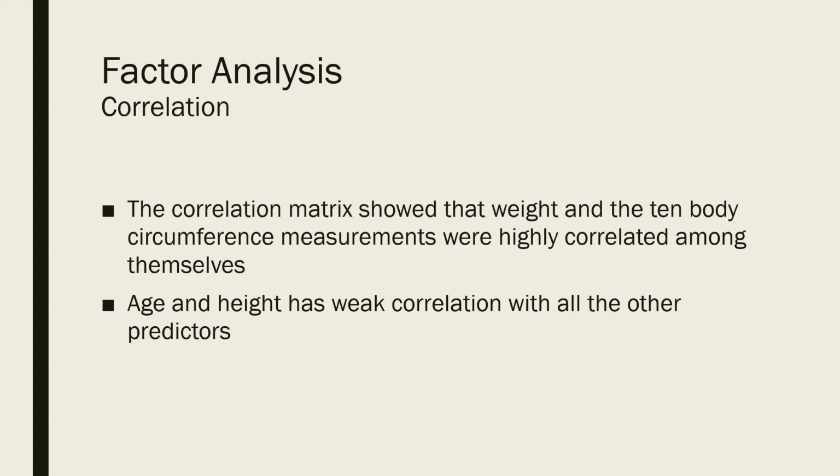And the correlation matrix showed that weight and then the 10 body circumference measurements, they're highly correlated among themselves. So the body circumference measurements and weight gave similar information to our analysis. And then age and height had weak correlations with all the other ones, so they were very different from the weight and the body circumference measurements, and they were also very different from each other.